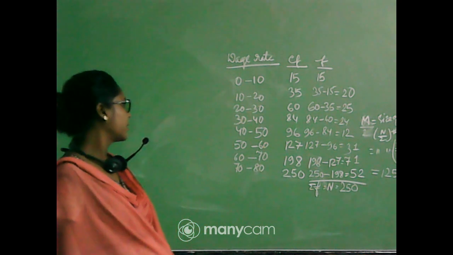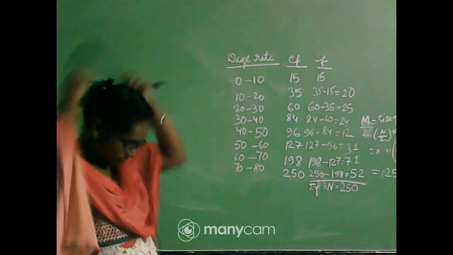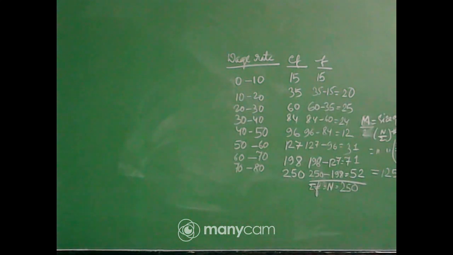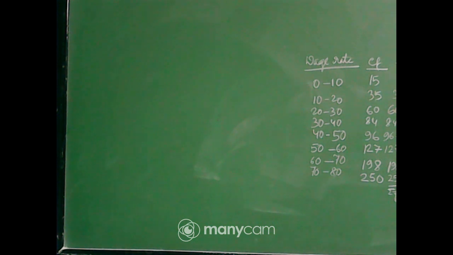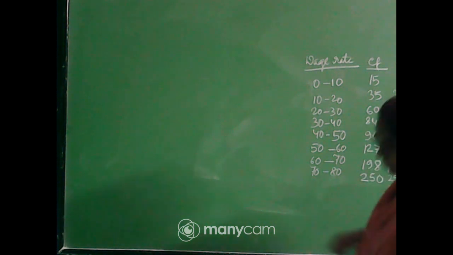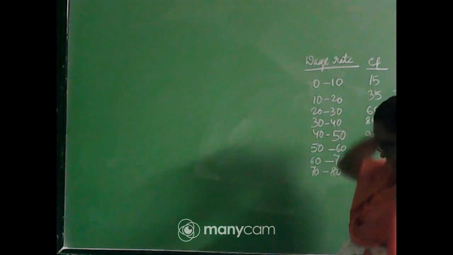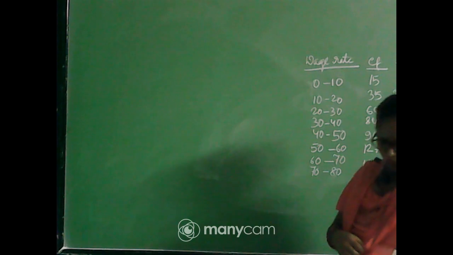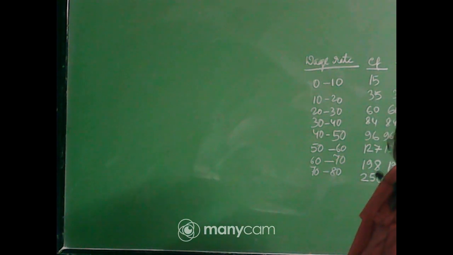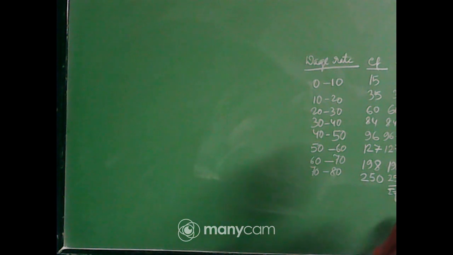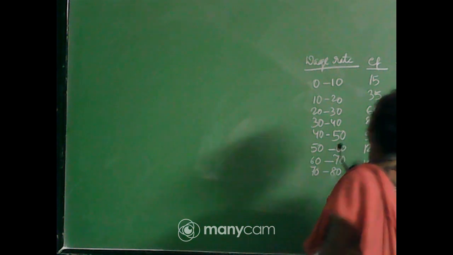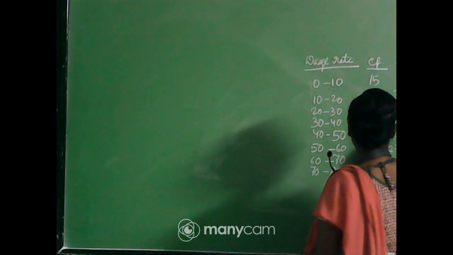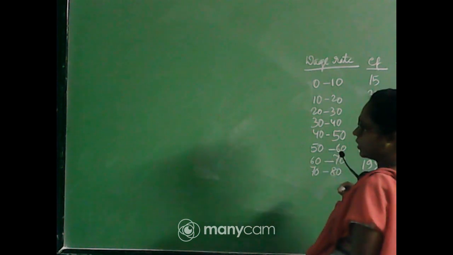See, this 125 lies on the CF 127, because 96 is less than 125.